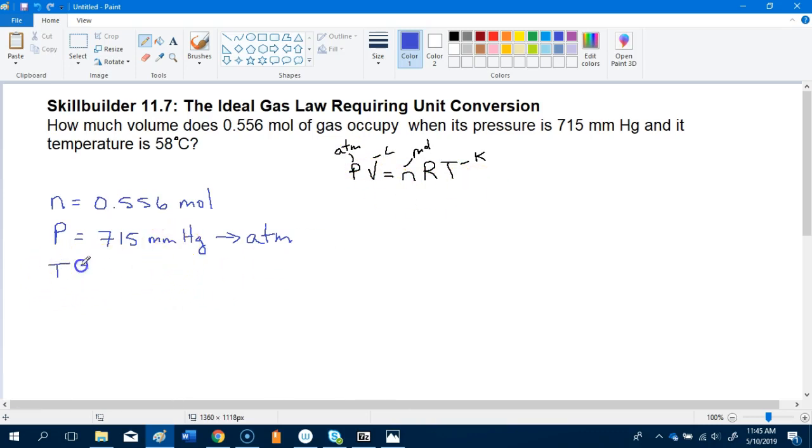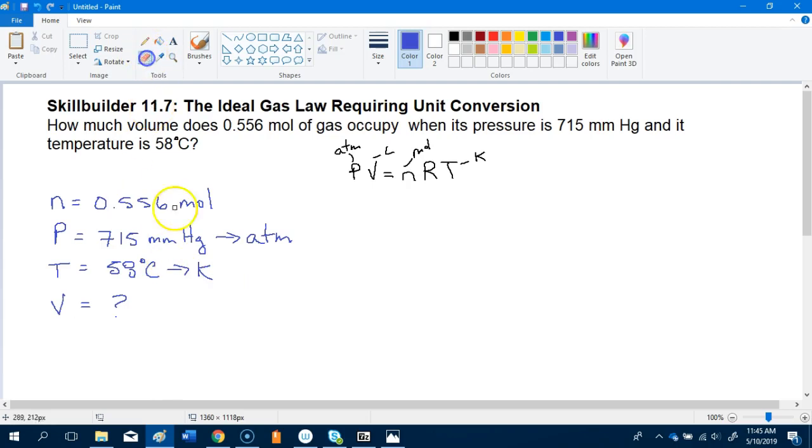We're given the temperature as 58 degrees Celsius, but that too needs to be changed to Kelvin. And our volume is going to be in liters, but we don't know that. So before we plug these numbers into our ideal gas law, we first need to do our conversion.